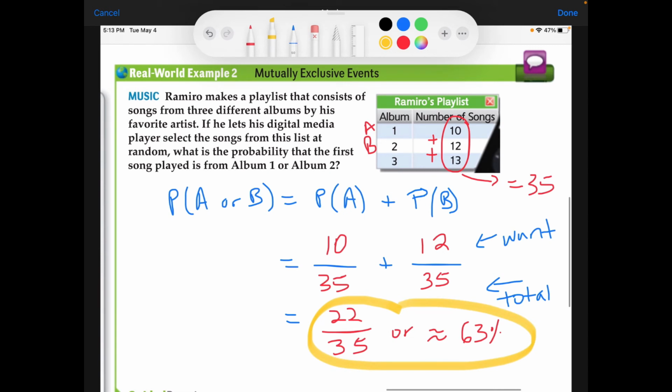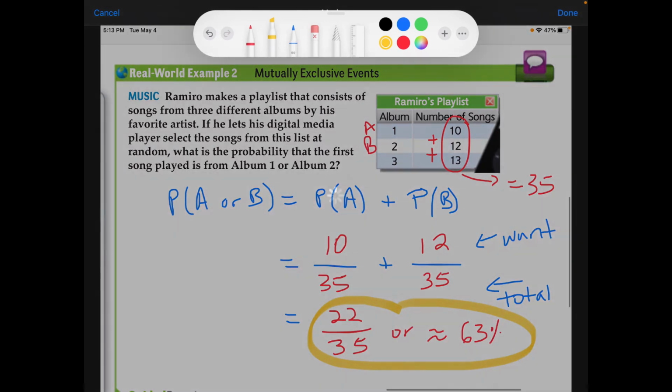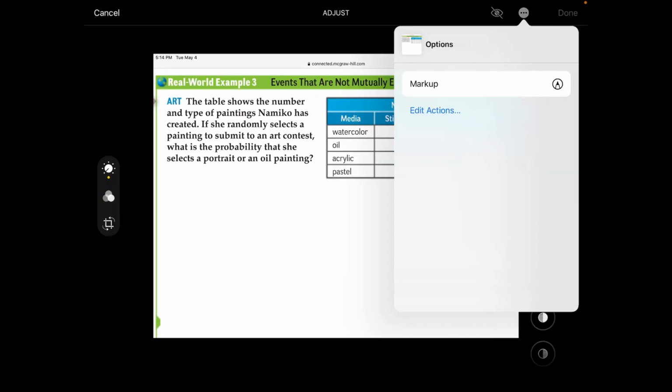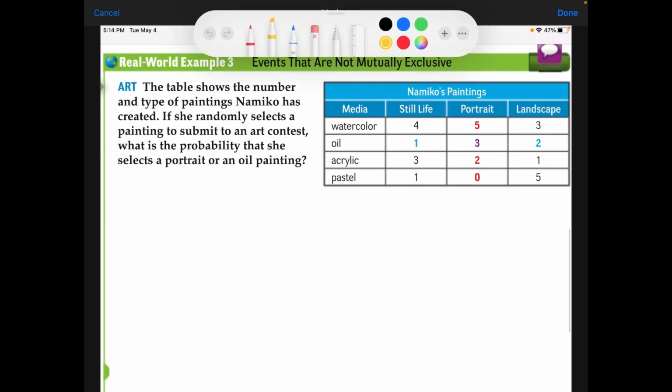Okay? So this is for a situation where we're dealing with mutually exclusive events. Let's try one more example. Here it says the table shows the number and type of paintings Namiko has created. If she randomly selects a painting to submit to an art contest, what is the probability that she selects a portrait or an oil painting?